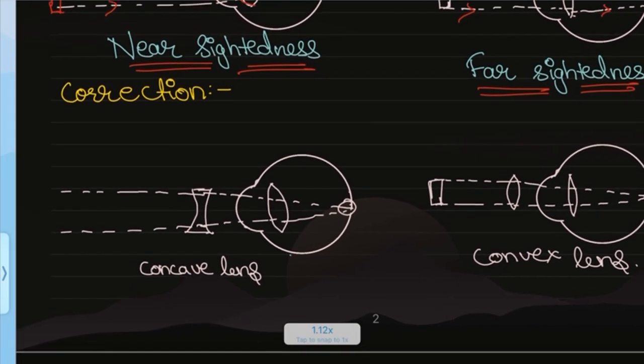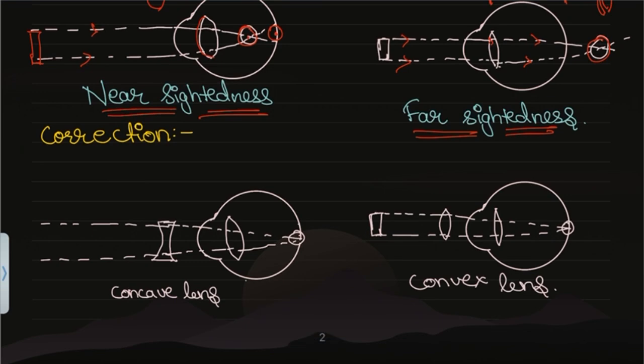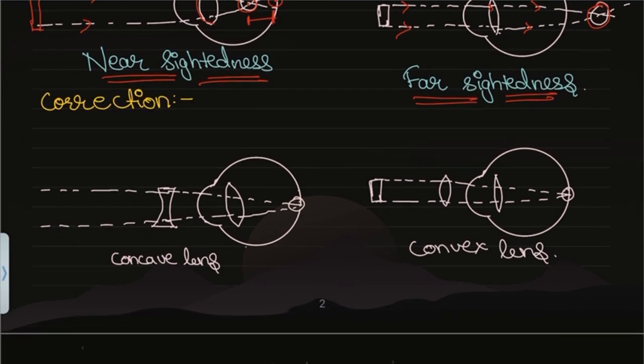Now we have learnt about the defects, how will we correct them? For myopia, we have seen that the image is formed in front of the retina. So what we need to do is decrease the converging power of our normal lens so that the image is again formed on the retina. So we will add a concave lens in front of our normal lens, that is by using spectacles.